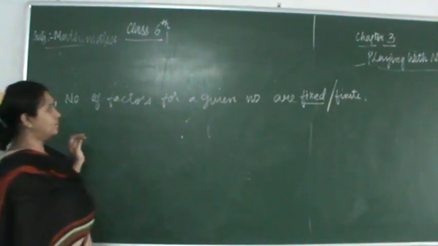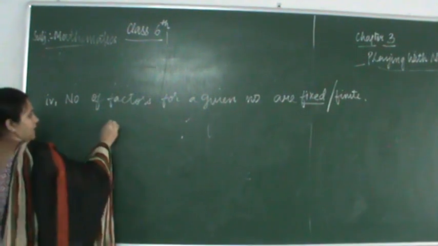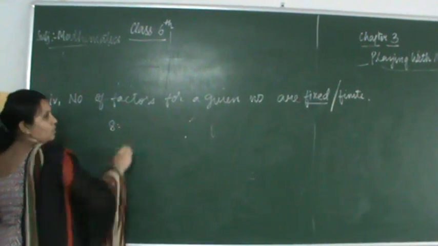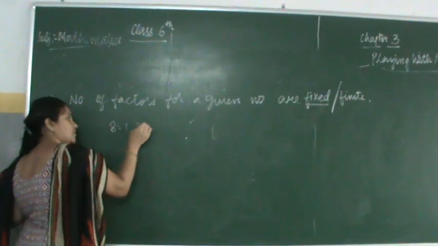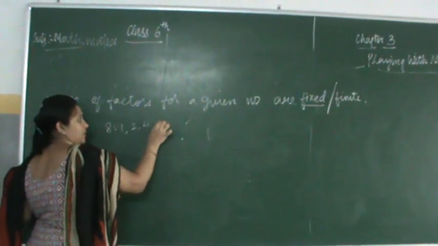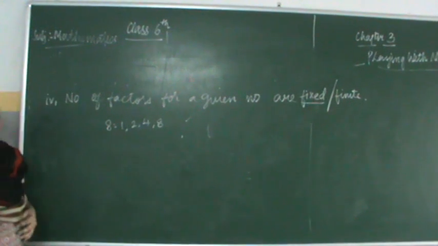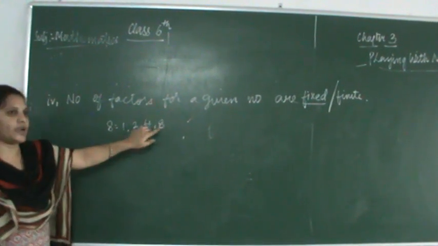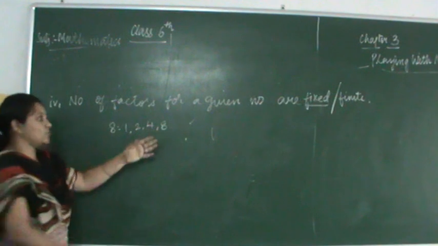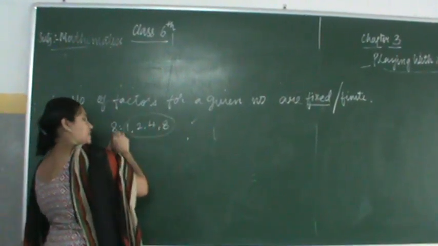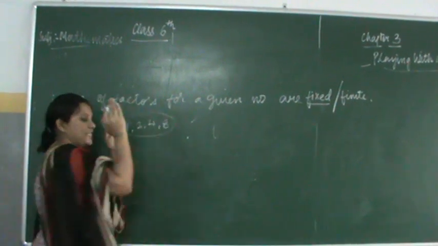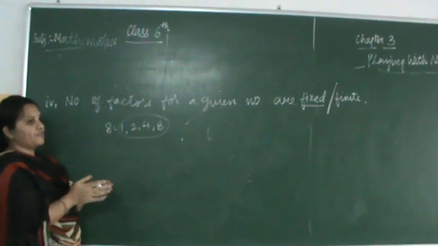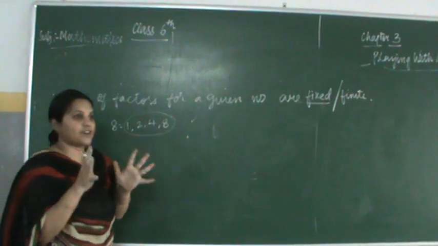For example, I am taking the number 8. What are the factors of 8, children? 1 is a factor, 2 is a factor, 4, 8. Are there still any factors for 8? 1, 2, 4 and 8. So these factors of a number are fixed. This number has only 4 factors, and that is fixed for every number. For a given number, the number of factors is fixed.